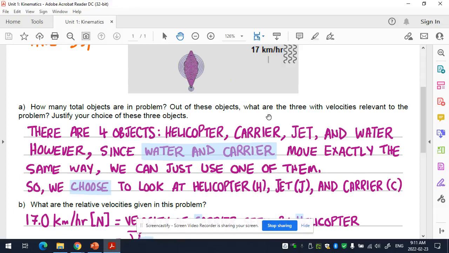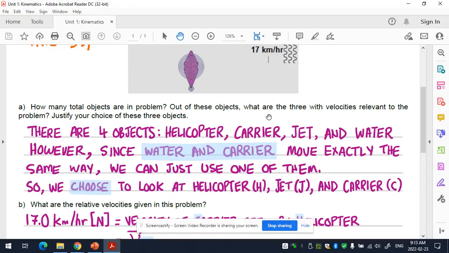Randomly, I ditched the water and I kept the carrier. You could have chosen the other way. We choose to look at the helicopter, and now I'm putting my subscript capital letters. We're going to call the helicopter capital H, the jet capital J, and the carrier capital C. I could have said water, that would be capital W.